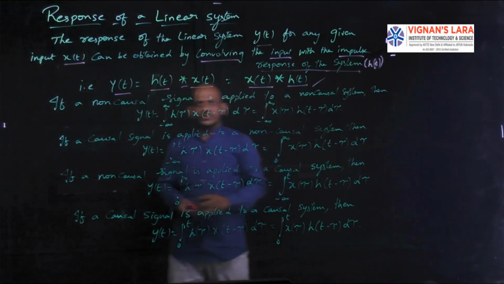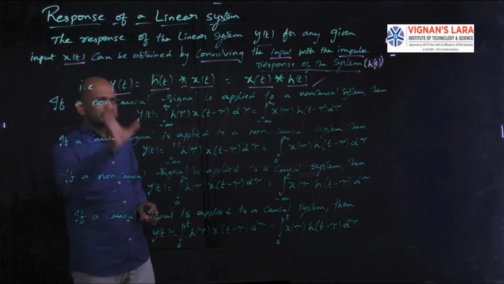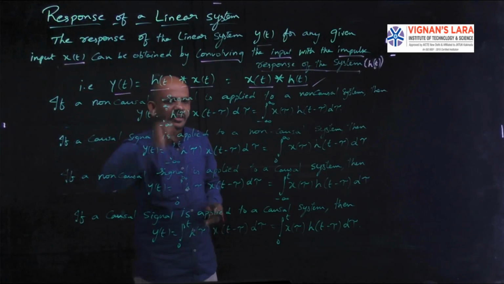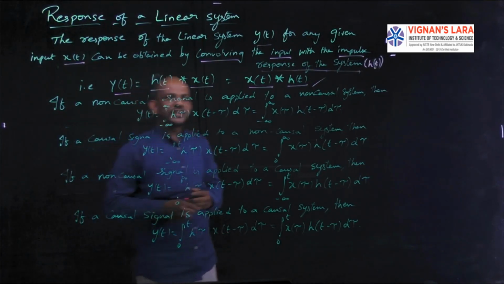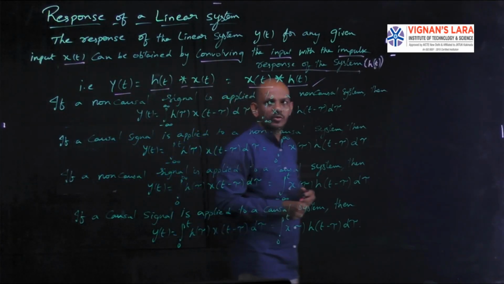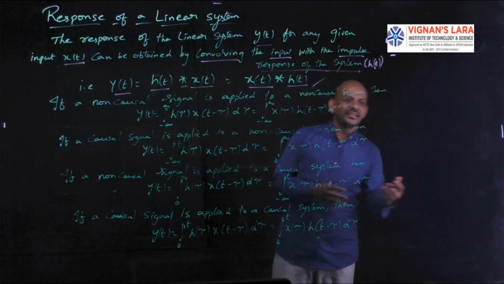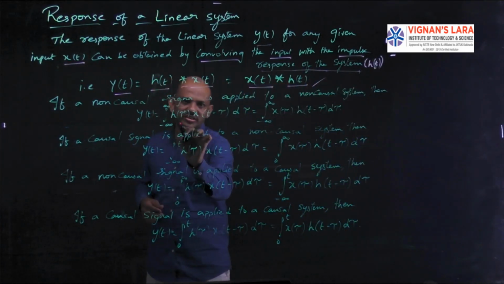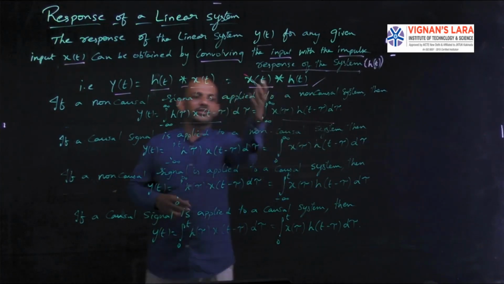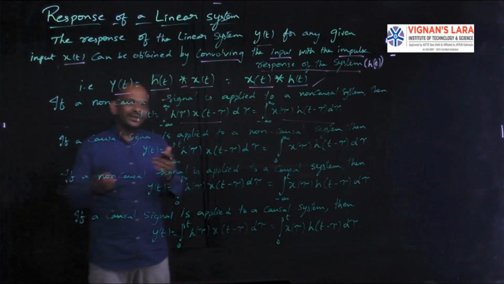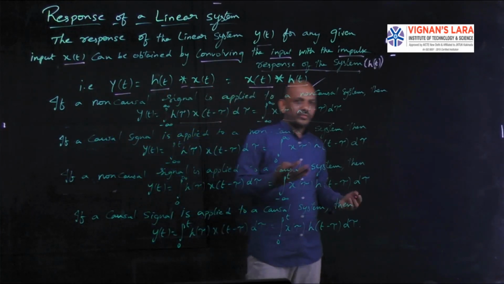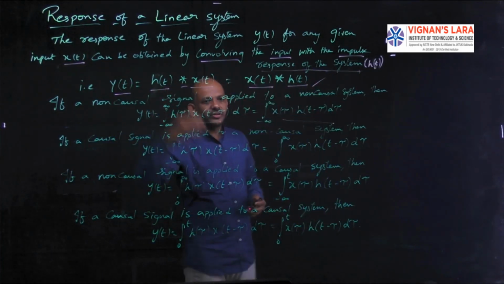So for a non-causal signal applied to a non-causal system, the response y of t equals integral of h of tau x of t minus tau d tau, and that is the same as integral of x of tau h of t minus tau. This is nothing but the formula of convolution. Here we have taken the non-causal signal and non-causal system, so the limits are from minus infinity to infinity.